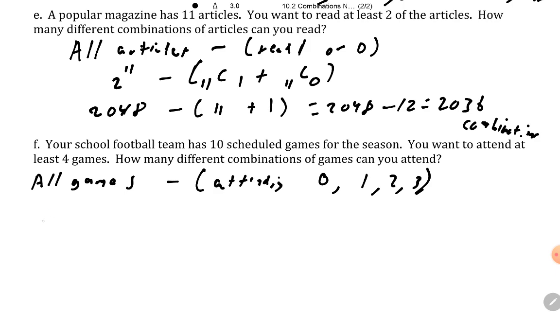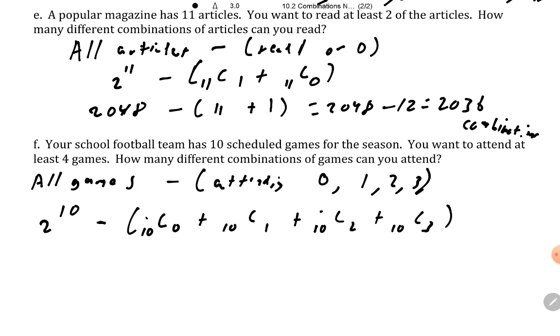So the combinations are 2 to the 10th minus the number of combinations if we chose 0 games, plus the number of combinations for choosing 1 game, 2 games, 3 games. Okay, so this is 1024 minus 1 plus 10 plus 45 plus 120.